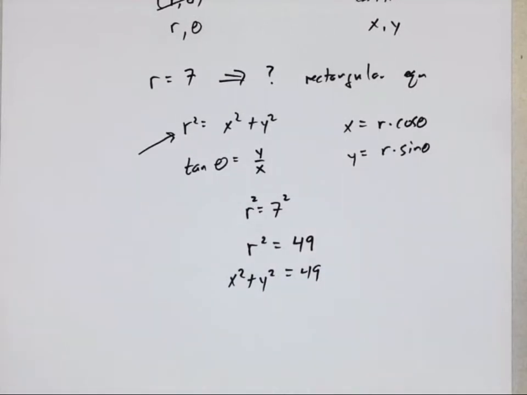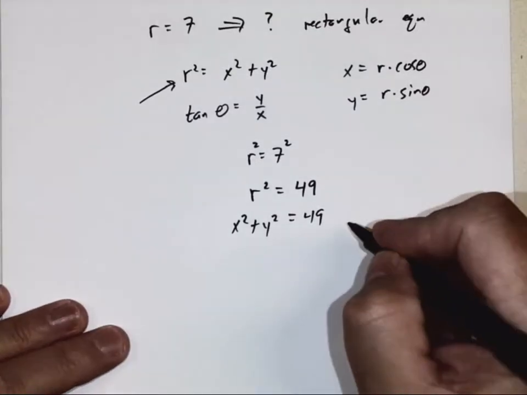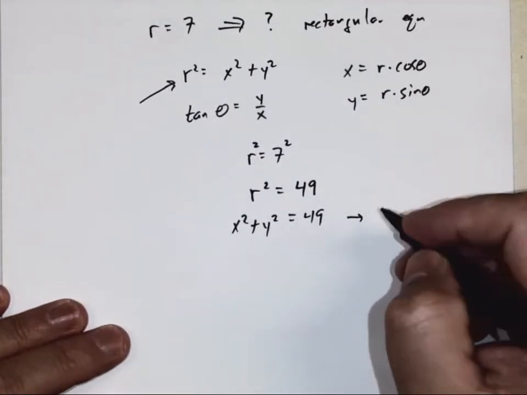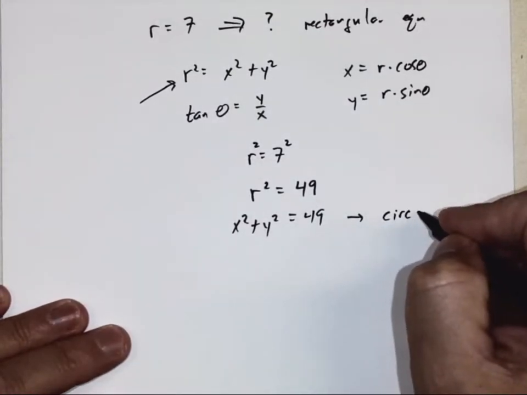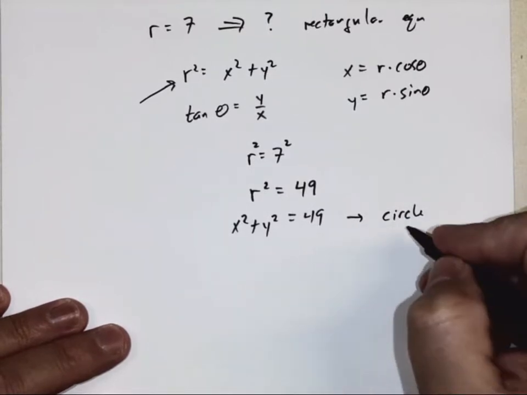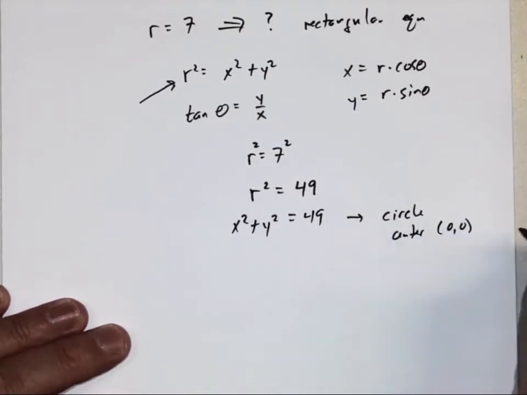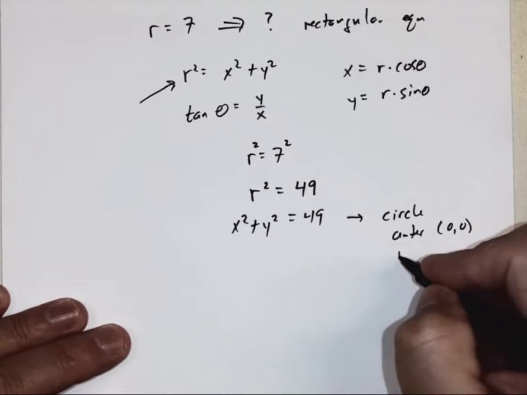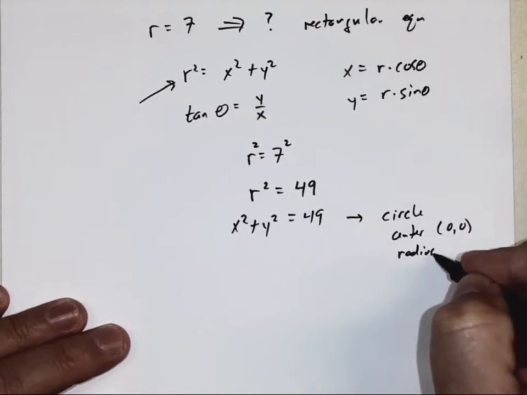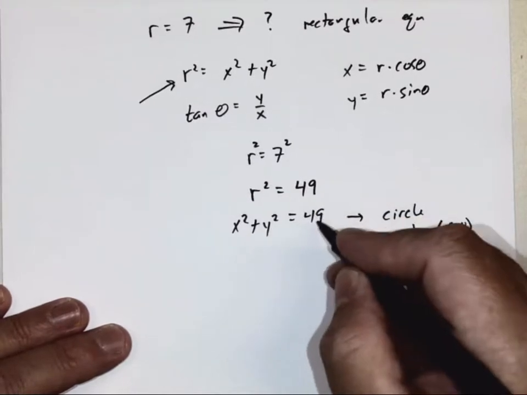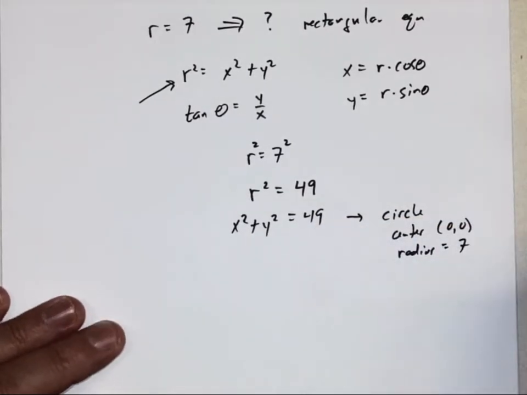Now hopefully you remember an equation like this is a circle with the center at 0, 0 at the origin, and the radius is the square root of this number here.